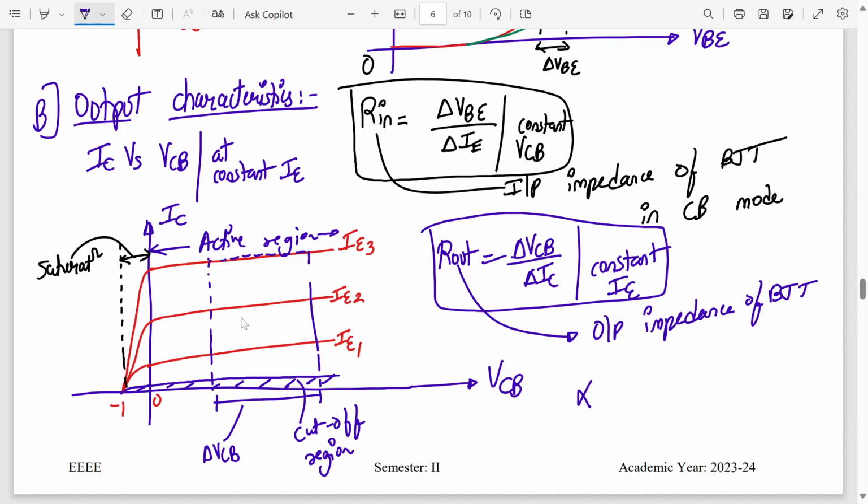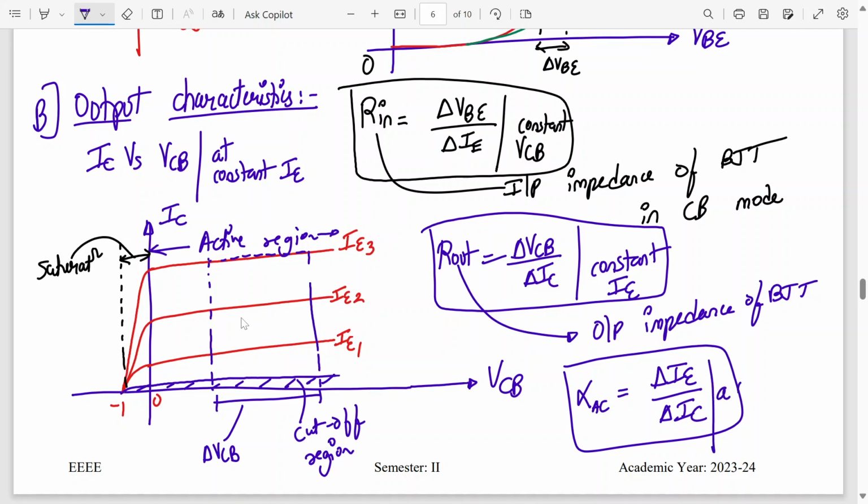I can also calculate alpha. Alpha is IC upon IE, and that is almost constant over here. So I can calculate alpha AC, which is delta IC upon delta IE, from the same graph. How to find that is as follows. At a constant VCB value, calculate how much is IE1, IE2 and IE3, then extrapolate on the left hand side and calculate the corresponding IC values.